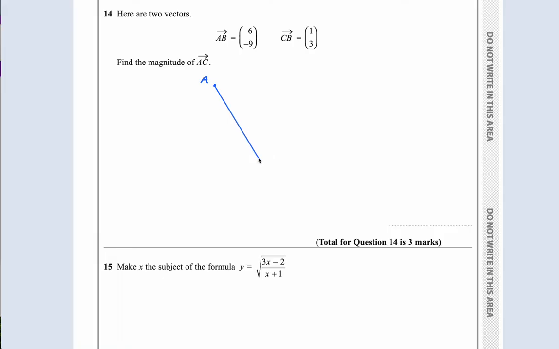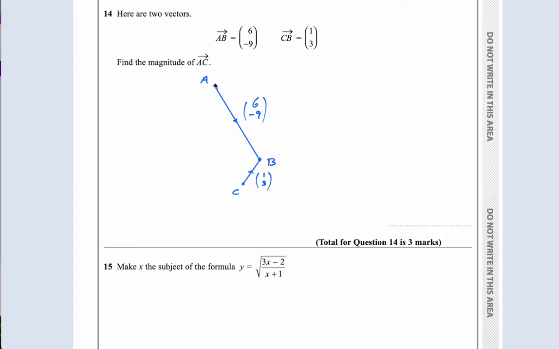Okay, this is B. And then be very careful. This is CB. CB is (1, 3). So (1, 3) would actually be somewhere, let's say, here. Now, again, guys, it doesn't have to be perfectly accurate, but this is C. This is about (1, 3). So this kind of looks somewhat accurate.